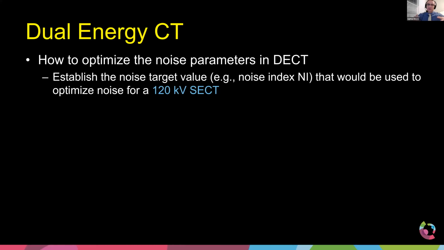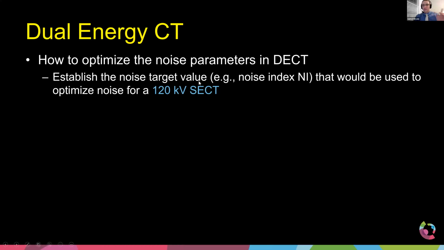So what you typically do is decide what type of noise you would want in a traditional 120 kV single energy CT, just a normal looking image that you would acquire every day if you didn't have dual energy. How much noise can you tolerate? And you will establish that noise target value.